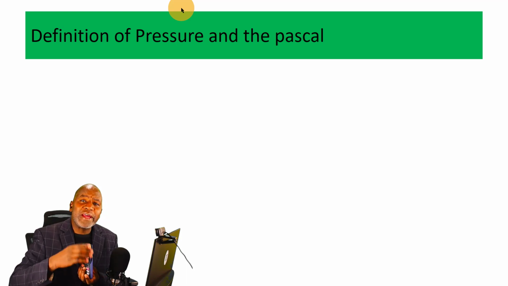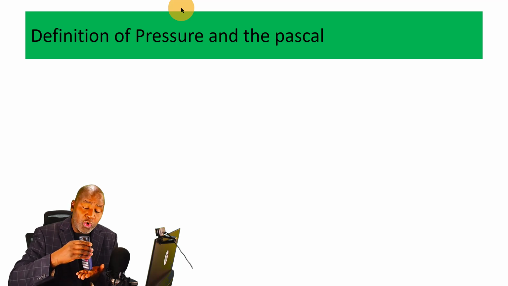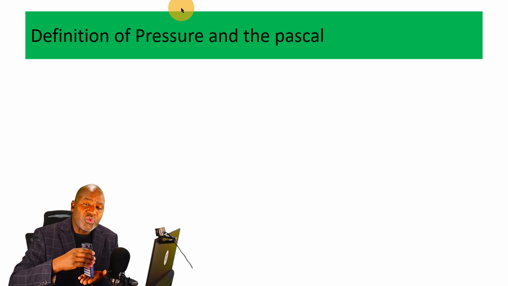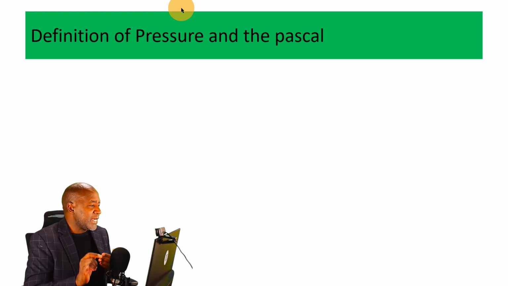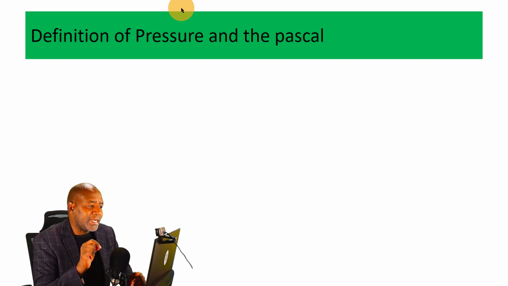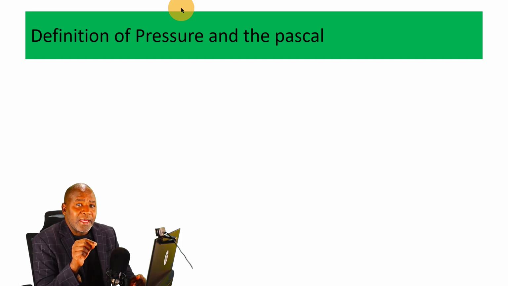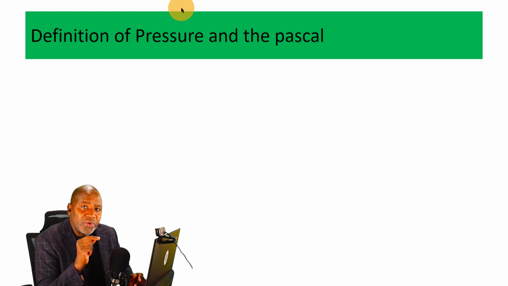If you find the ratio of the force the calculator exerts on my hand to the area of contact between the calculator and my hand, you get a new physical quantity we call pressure. So pressure is the force exerted normally on a unit area.